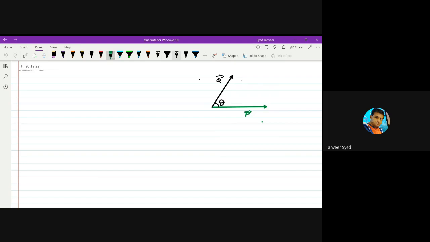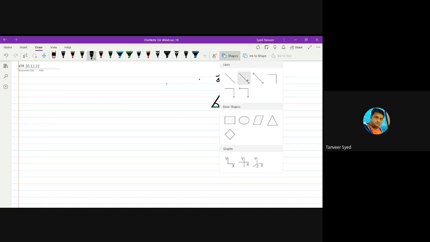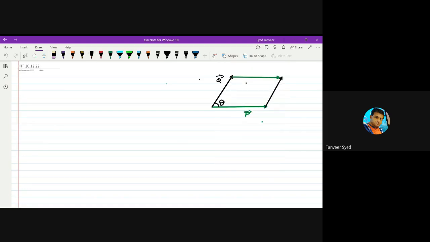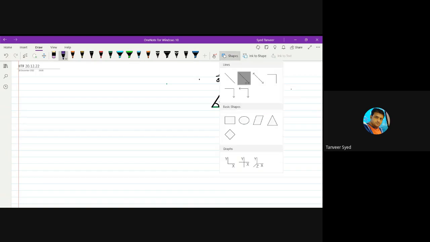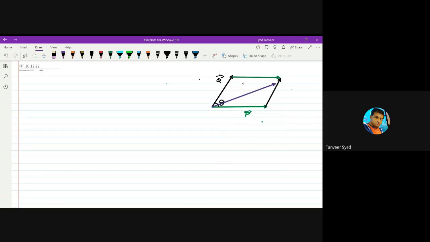And to complete the parallelogram, we draw another vector parallel to P and equal in magnitude, and another vector parallel to Q equal in magnitude. Your parallelogram is formed, and the resultant of these two vectors is given by the diagonal of the parallelogram, which is this. This is the resultant R.